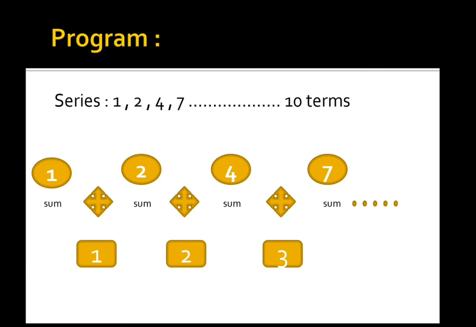And I'm going to display all the sums by putting a comma between them. But how am I getting 1, 2, 3? All these 1, 2, 3 are the I of the loop; whenever we use loops, the counting is 1, 2, 3, 4 till 10 terms. That I we are going to use.